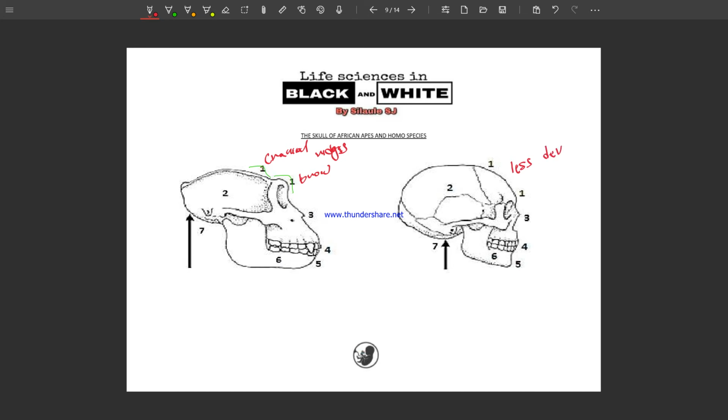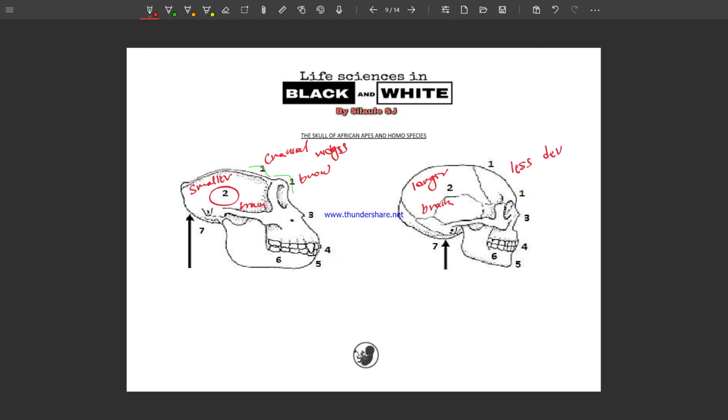Then as you go down to number two, we can see we're talking about the cranium. Then the cranium in an African ape is smaller, which means it will house a smaller brain. And then in a human, we can see that we have a larger cranium, which means it will house a larger brain.